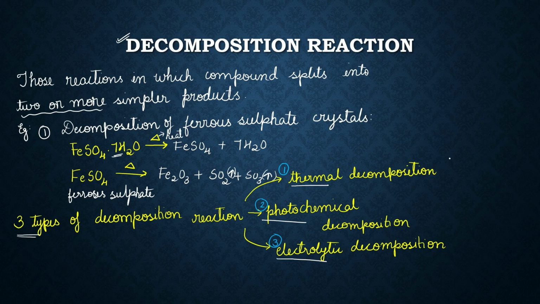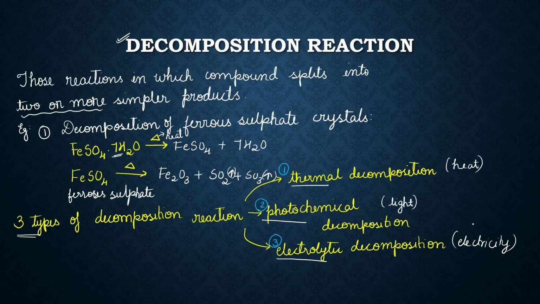In thermal decomposition reaction, basically it is absorbing heat energy for the decomposition process. In photochemical, light energy is being absorbed for the decomposition process. And in the last, the electrolytic decomposition reaction, electricity is being used for the decomposition process.